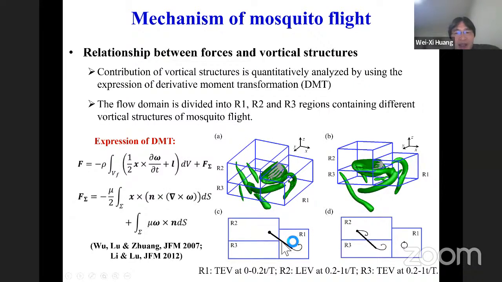We divide the flow region into R1, R2, R3: R1 corresponds to the trailing edge vortex, R2 corresponds to the leading edge vortex, and R3 is also the trailing edge vortex, but at a later time. Then we can compute quantitatively the contribution of each part to the force on the body.